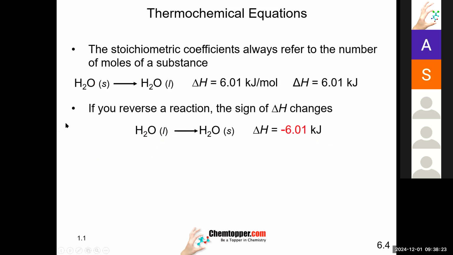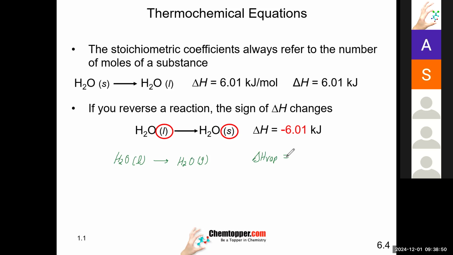But if I change the state of the matter, for example, now if I go from H2O liquid to H2O gas, can I call this delta H vap now? Delta H of vaporization. And what's the value of delta H of vaporization? It's not the same.